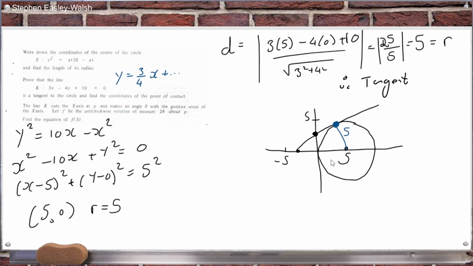So I'm starting here. This is at minus 10 over 3, and then I'm going up in a 3/4. So every 4 units I go out, I have to go up 3 units. So I'm going across like that. So I need to hit a point here where that distance is 5.